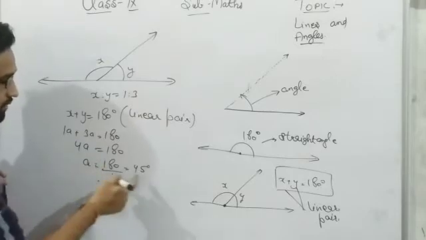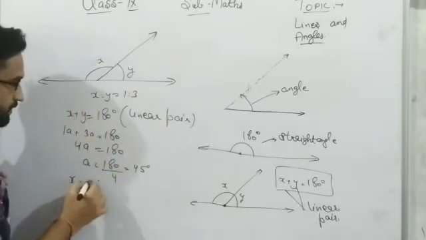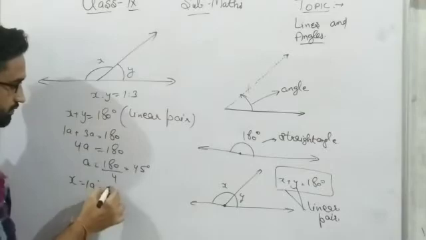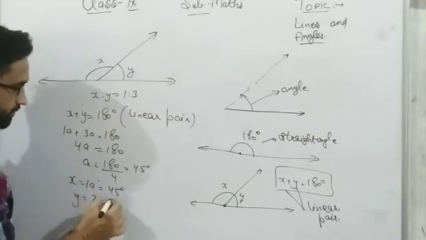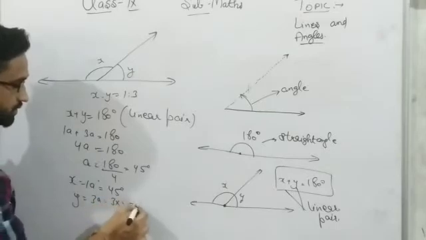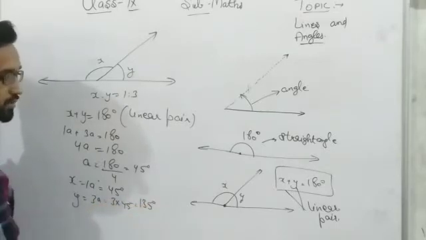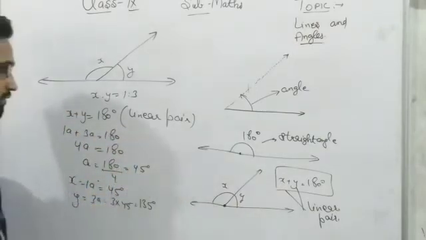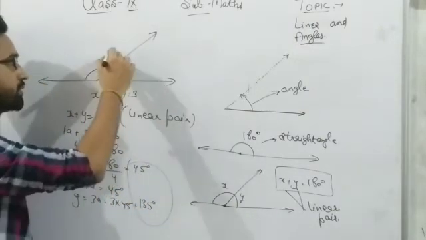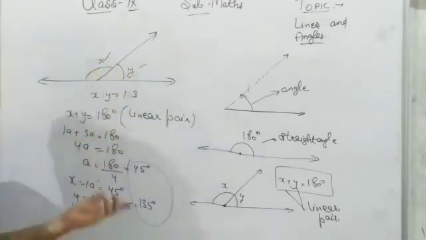So if I got a, I can easily find x will be 1a, that is 45 degree, and y will be 3a, that is 3 into 45, 135 degree, right? So these 45 and 135 are the 2 angles x and y. You can say their addition will be 180 degree.